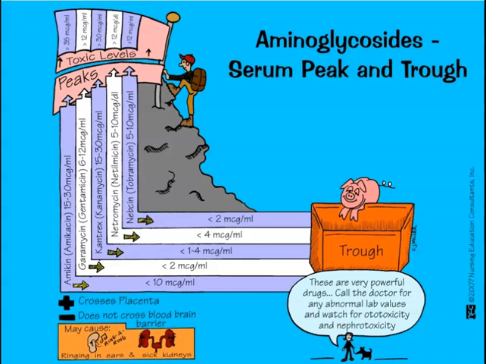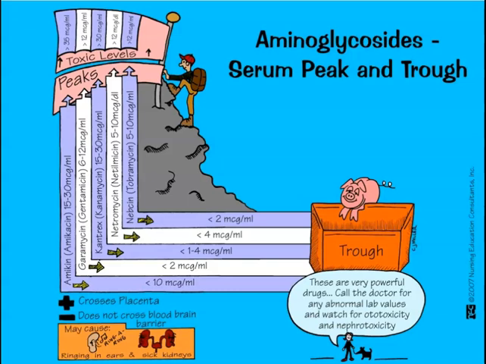The peak is the highest drug level for a once daily regimen, and the trough is the lowest level, to ensure that the kidneys are not damaged and avoid toxicity. So you can see the different levels, and this is just a little picture I had found about the aminoglycosides. Anytime we have abnormal lab values, you want to make sure you're letting the provider know, and if you have any signs of ototoxicity or nephrotoxicity.